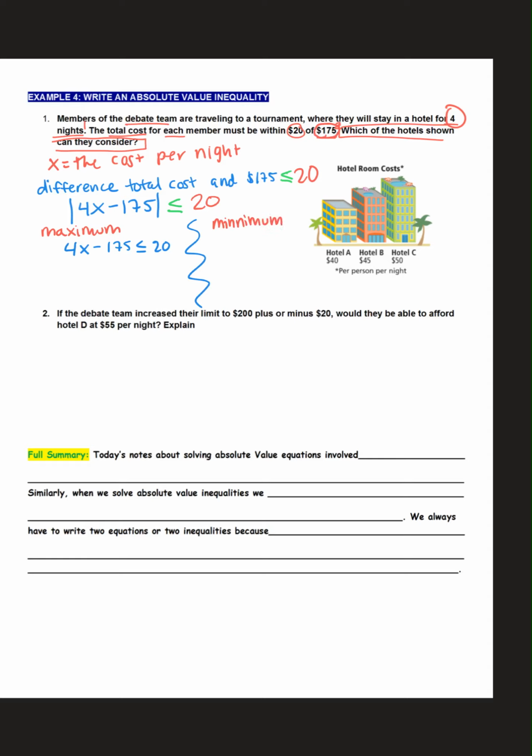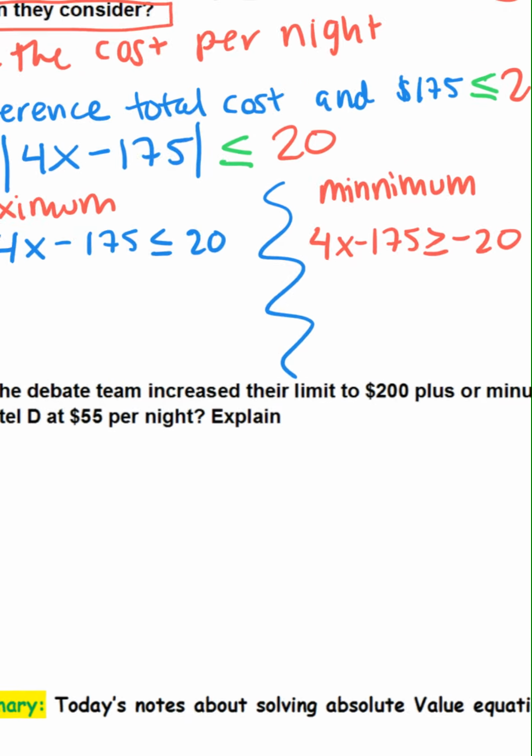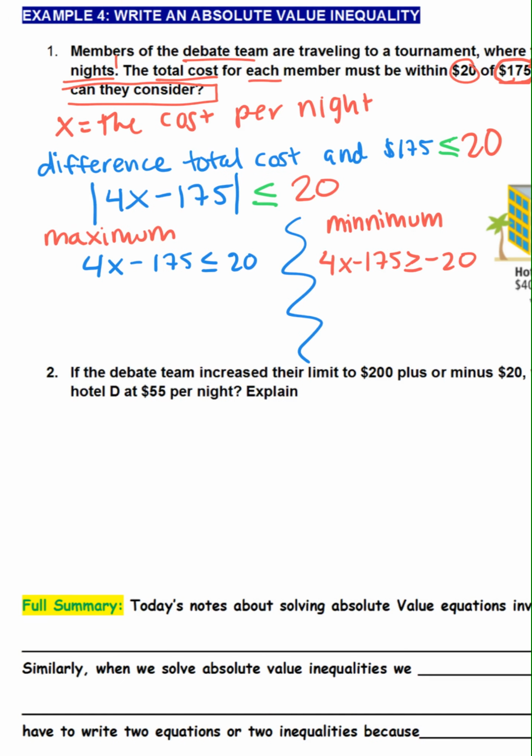So then we'll have 4x minus 175, and instead of less than or equal to, we're going to change it to greater than or equal to negative 20. I'm going to zoom in a little bit and we're going to solve each one of these. Let's do the one on the left first, in blue.